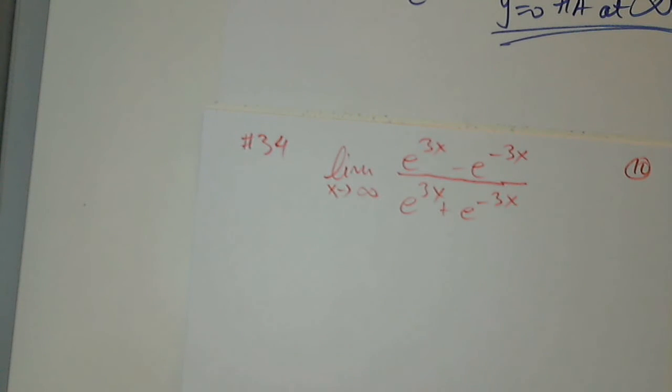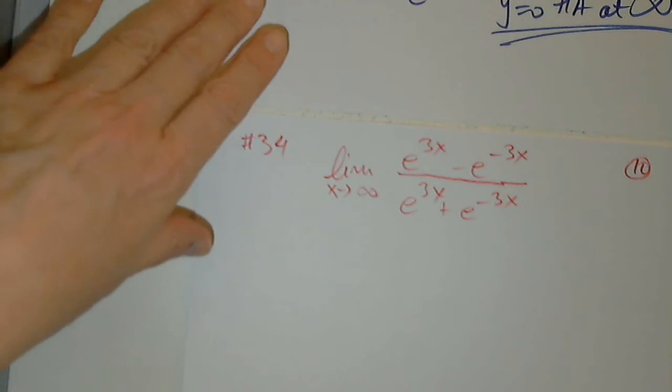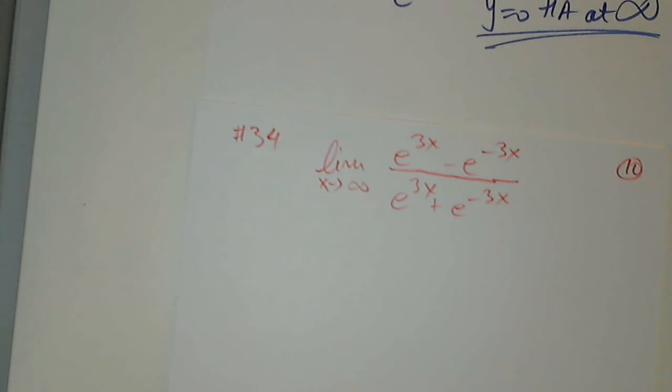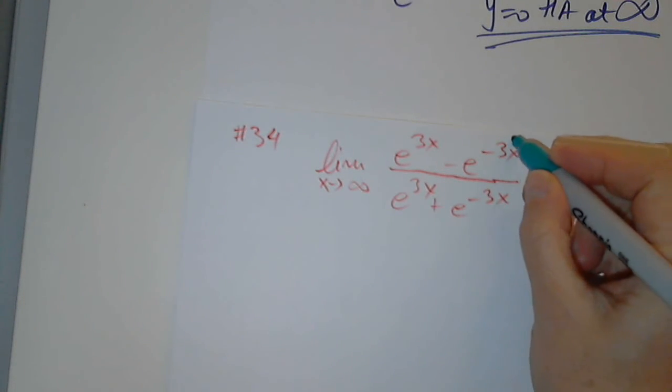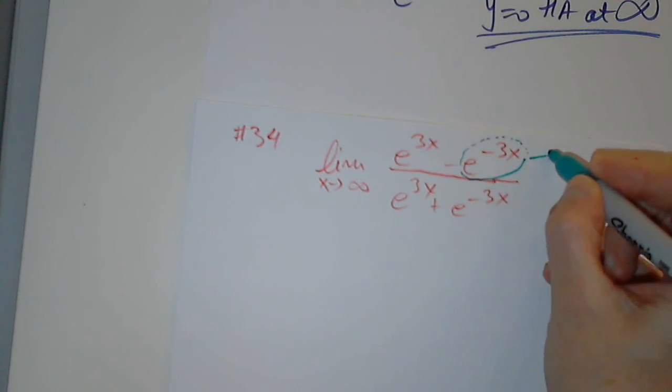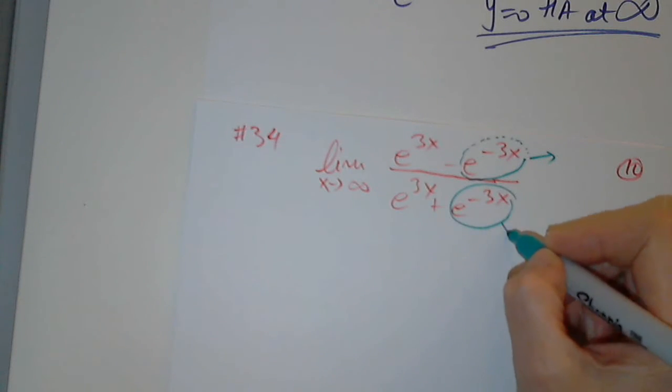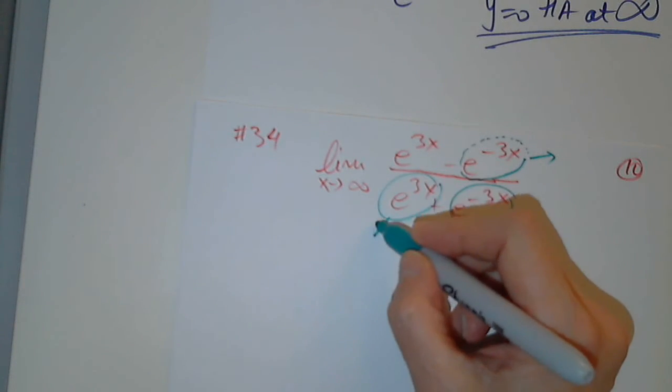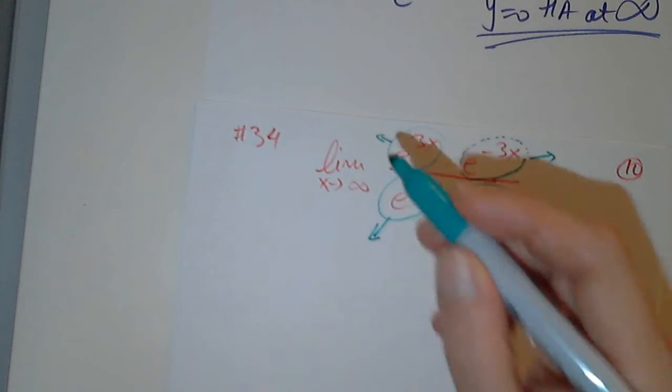Okay, so let's see what situation we're facing now. When x approaches infinity, where does this go? And where does this go? And where does this go? And where does this go?